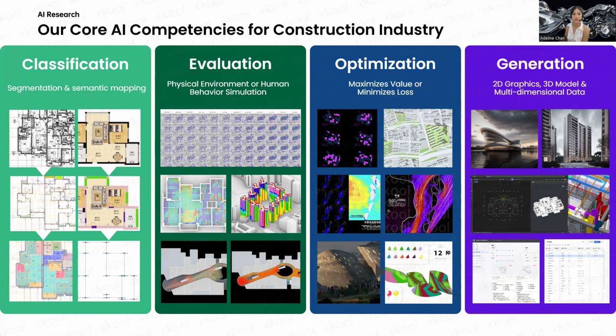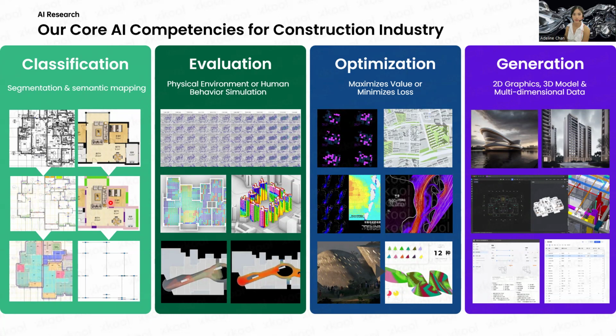Starting from the first one, as a well-trained architect or a well-trained student, you of course are able to identify from the very beginning where the door is, where the living room is, where the toilet is. But for a machine, it's kind of difficult to understand all the information before you have an AI model.